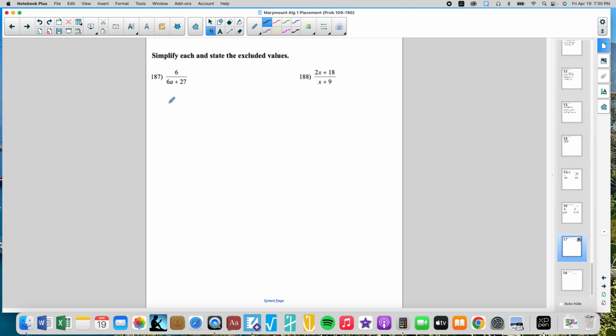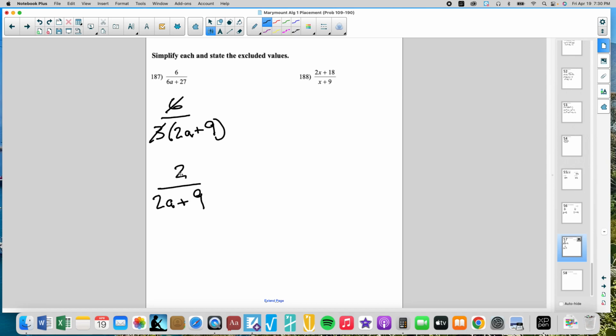2 pages left. So we're going to factor this. So we have 6 over, we can factor out a 3, and you get 2a plus 9. And we see that we can cancel this. So 3 goes into 6 2 times. 3 goes into 3 cancels. And you have 2a plus 9. These 2's cannot cancel.